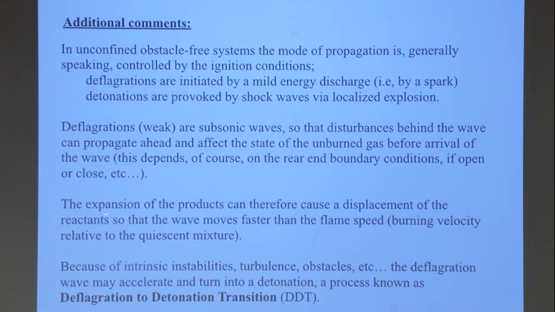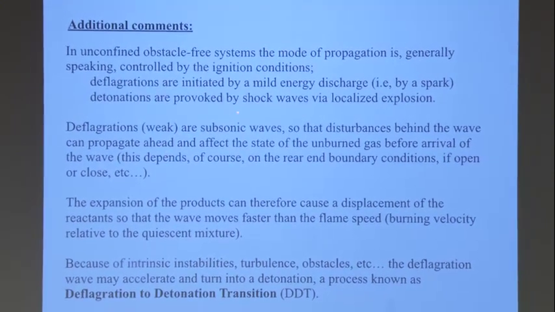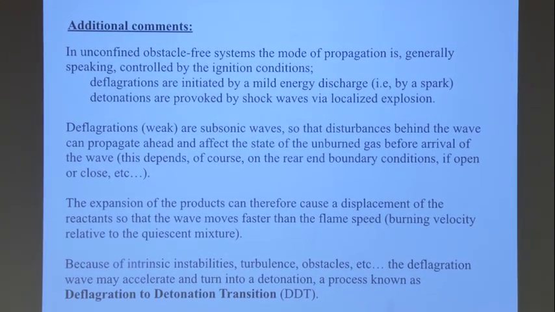On the other hand, this is not the case in detonation because they are essentially supersonic and the disturbance is just propagating forward. Expansion of the product can therefore cause a displacement of the reactant. This is related to the previous statement. And so you can have, of course, a wave that propagates faster than the laminar flame speed, okay?